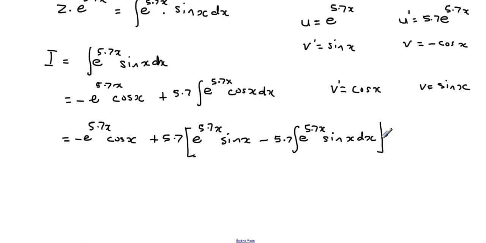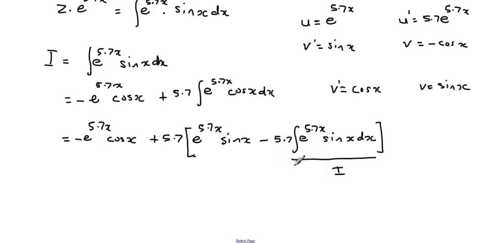We'll close that bracket there. I hope you can see that we should stop integrating this way, because what has appeared here is our I, which we started with, and we've got a negative sign here.